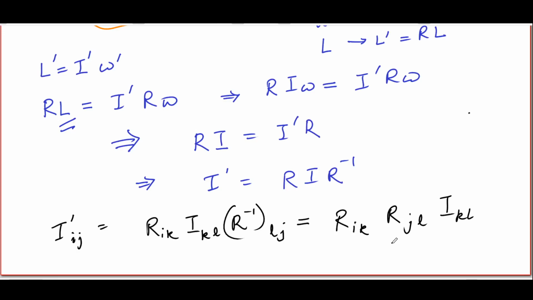Now, while we are at this, let me point out two very important things. As I've said before, what does the relationship L equal to I omega really mean? Or rather, what does it mean in general when you say one vector is related to another vector via multiplication by a tensor?